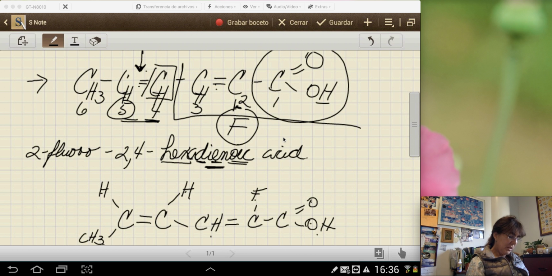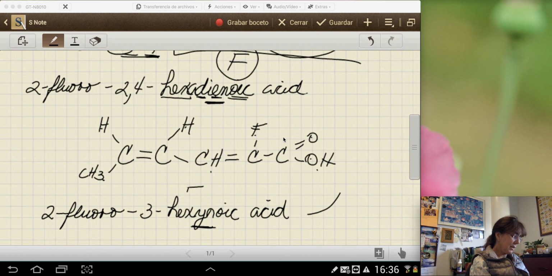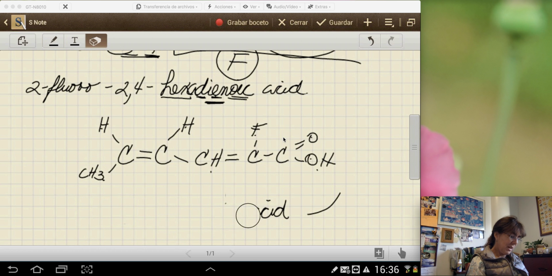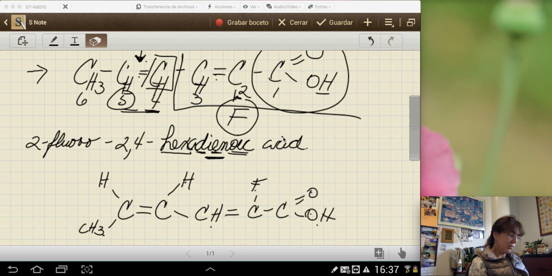Let's give a name to this compound. If you check it out, it's going to be the very same name. Now let me erase this one down here. It's going to be the very same name as for my first compound, because I did no changes to the structure.